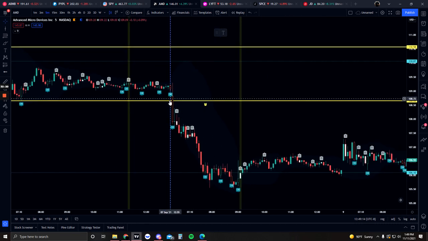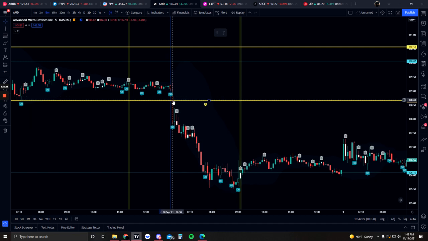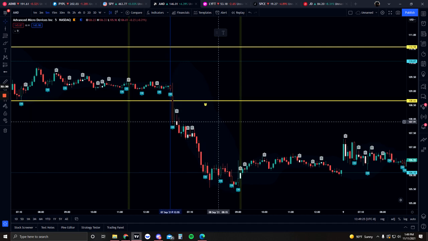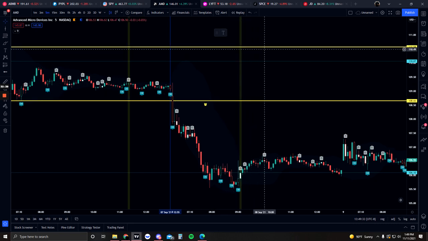Now, does it always have a violent fall? Not always. But out of 50 trades, you're going to have a pretty good success rate when these things break. Sometimes you'll have a day where it'll break and then it'll come up and then go down, and then it'll come up and go down, and then it'll reverse and go back up. You can't win them all.